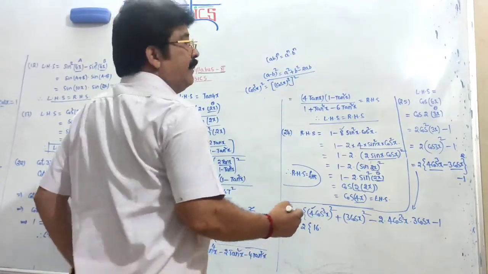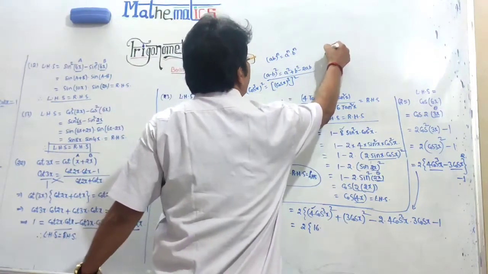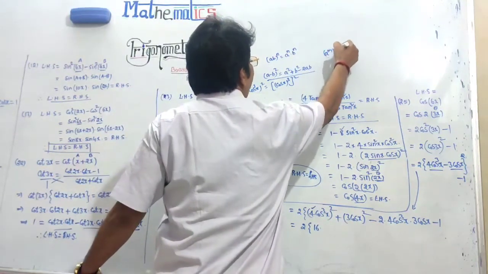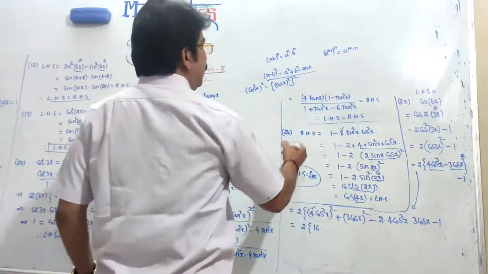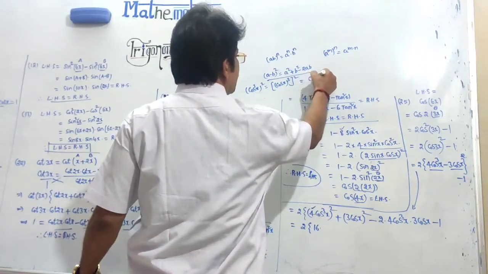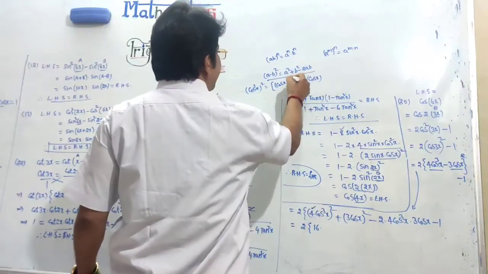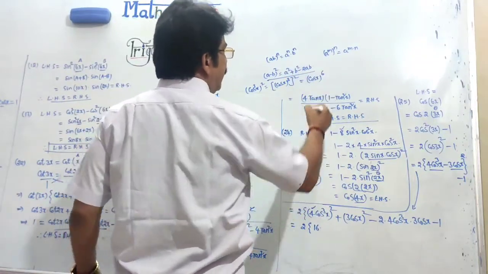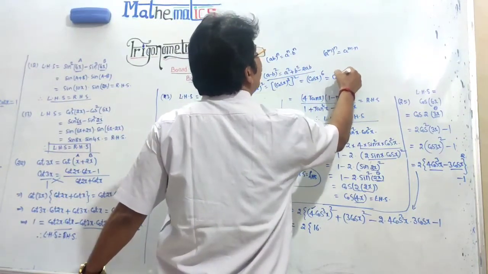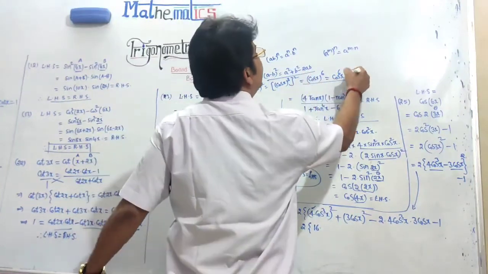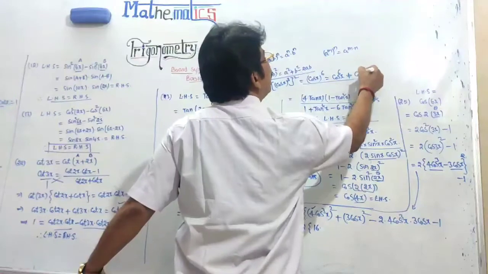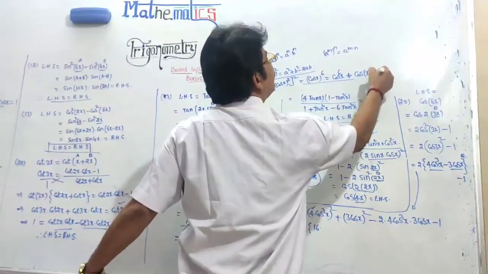Basic formula: a to the power of m whole to the power of n equals a to the power of m into n. Thus it is cos to the power of 6, which is not equal to cos of x to the power of 6.